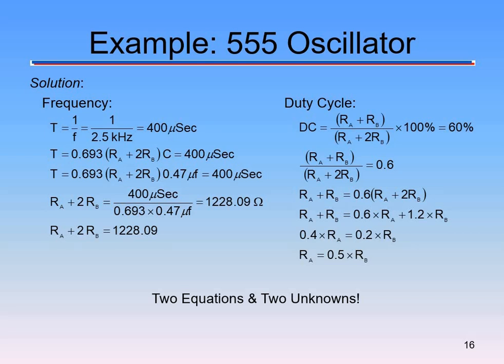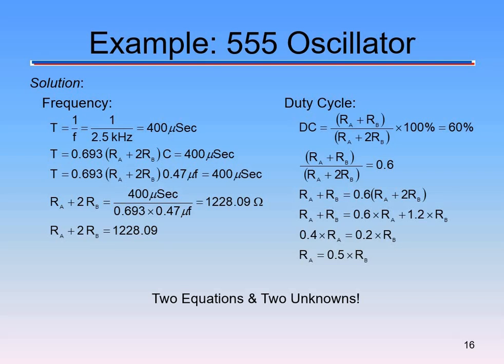Okay? Next, we're going to walk away from that for a second. And we're going to use the duty cycle that was given to us to find RA and RB, so we can use it to find one of the variables and set them equal to each other. Okay, so using the duty cycle as RA plus RB divided by RA plus 2RB, we're going to set that equal to 60%, and we know we got to divide by 100%, so we get 0.6.